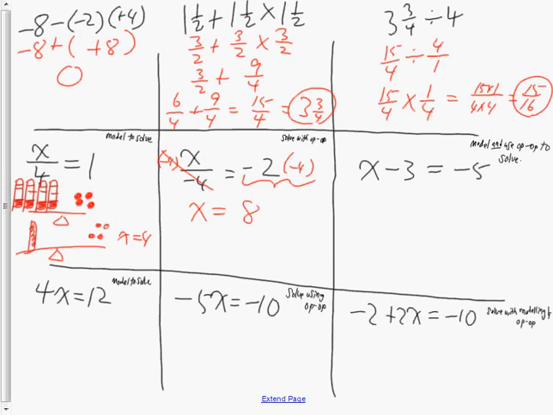Not -8, but +8. And if I went back into the question and substituted 8 for x, if I erase this x and I put the number 8 and check, 8 divided by -4 is -2.